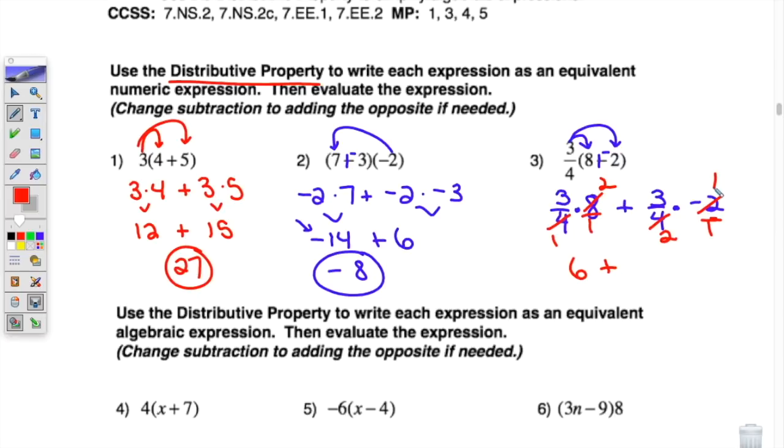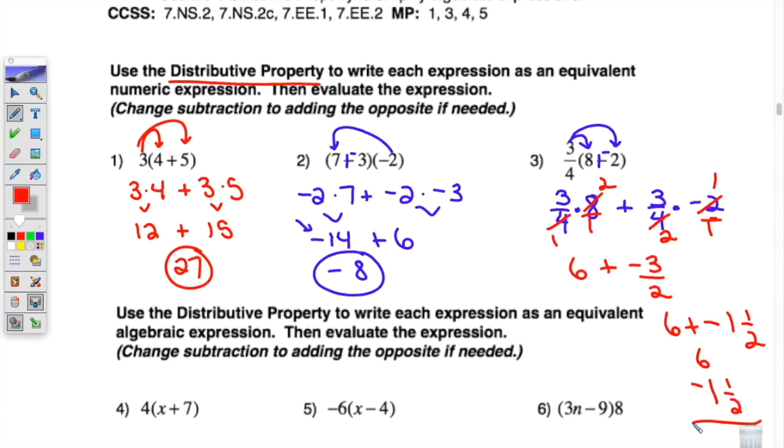So I am left with negative 3/2, which is the same thing as negative 1 and 1/2. So here I would have to take the sign of the larger, which would be 6, and subtract. So 6 minus 1 and 1/2.